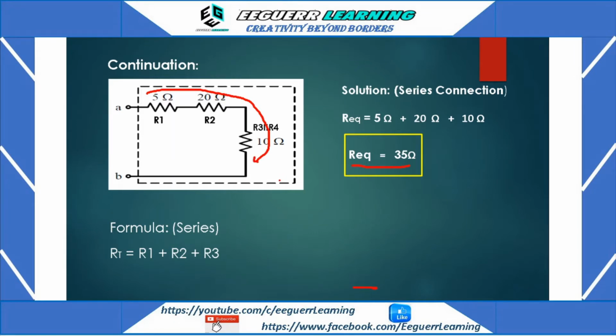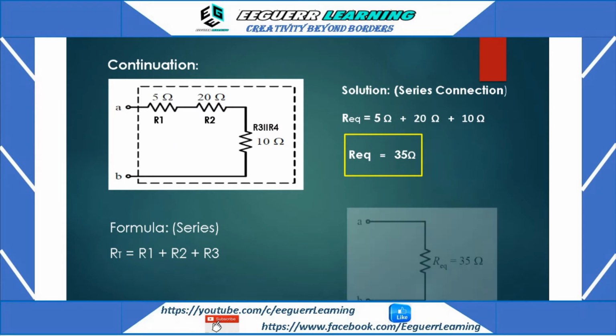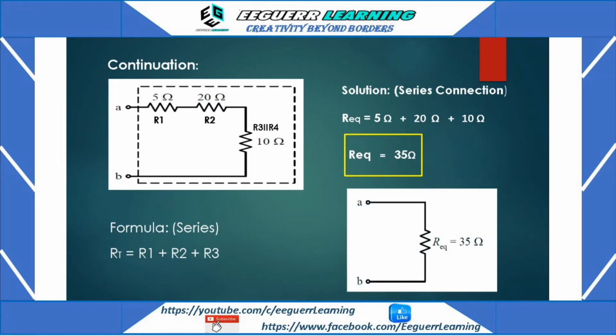Okay, so let us proceed, and this is our new circuit. So combining these three resistors here will give us one total resistance of 35 ohms based on our computation.